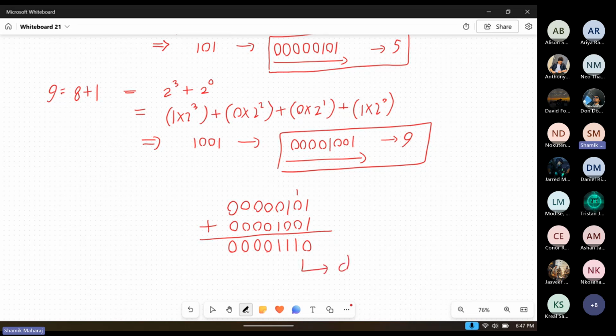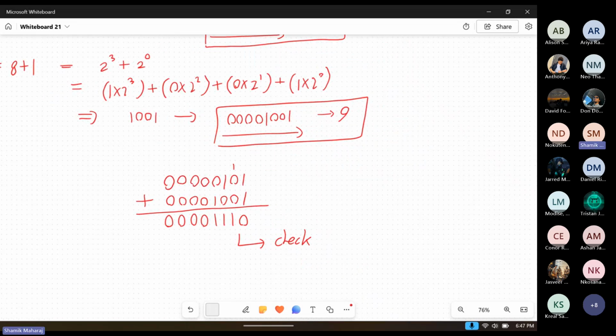So let's check this quickly. This is going to be 2 to the 0 is not there. 2 to the 1 is there. 2 squared is there. 2 cubed is there. And this is looking good already. So this is going to be 8 plus 4 plus 1.